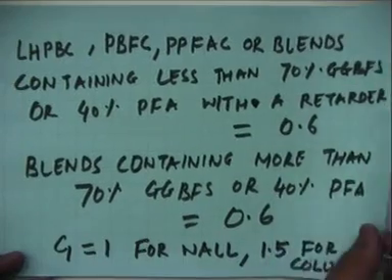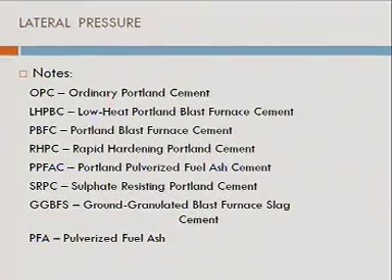Now, whatever terminologies I have used, you can just note it from this particular slide. For example, OPC stands for ordinary Portland cement. Most of you must be knowing this. LHPBC is low heat Portland blast furnace cement. PBFC is Portland blast furnace cement.